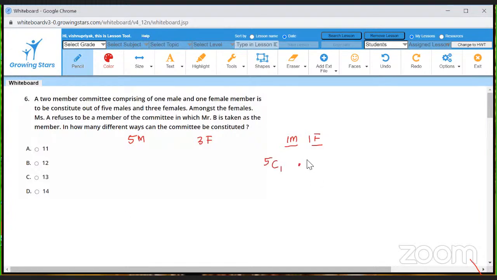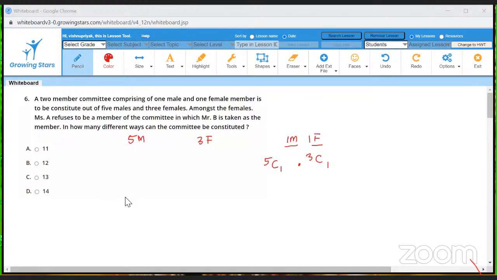After that, from 3 females, you have to select 1 female. Okay. But there is a condition. A cannot come whenever B will be coming. That means out of A and B, only one will come.